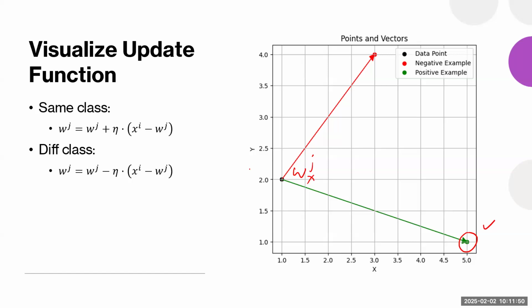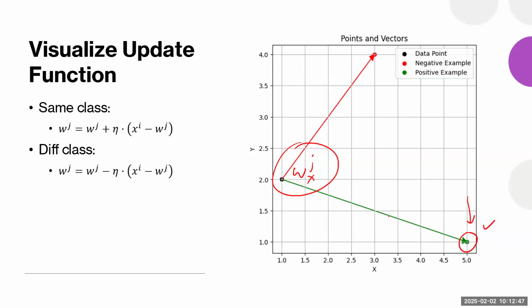I want to move this point away because they have different labels. The reason is that by moving away, at some point this point will no longer be the closest point. We want to change the closest point of this representation to be the same class. So whenever we see the closest one is not in the same class, we want to stay away. Then that point will no longer be the closest, and you will have a new closest point. Hopefully the new one would be the same class, and if it's not, then you will still move away.